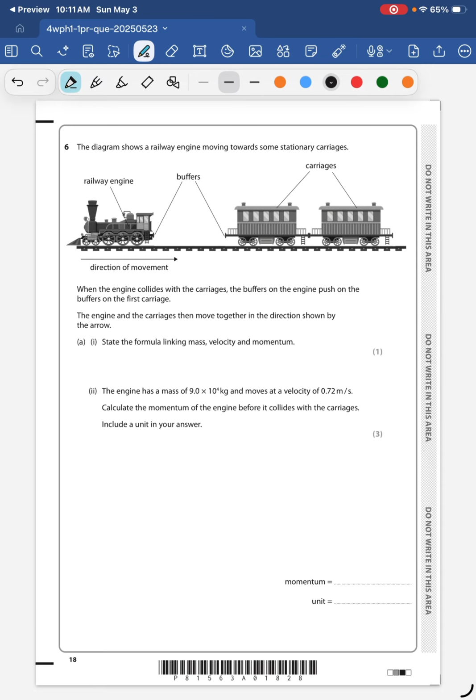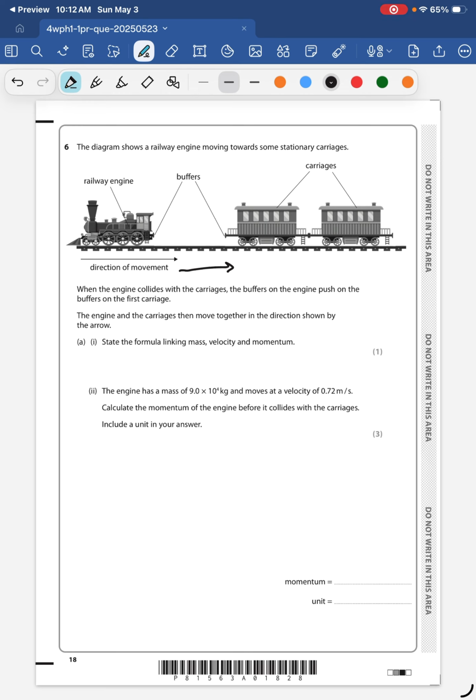So the diagram shows a railway engine moving towards some stationary carriages. Okay, and the direction of movement is backwards. When the engine collides with the carriages, the buffers on the engine push on the buffers on the first carriage. The engine and the carriages then move together in the direction shown by the arrow.